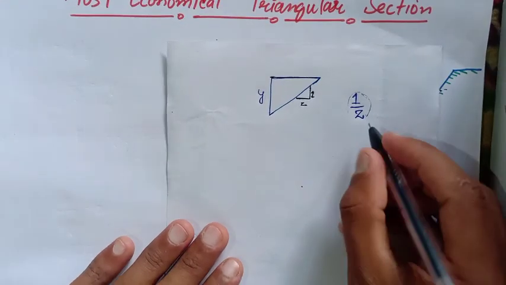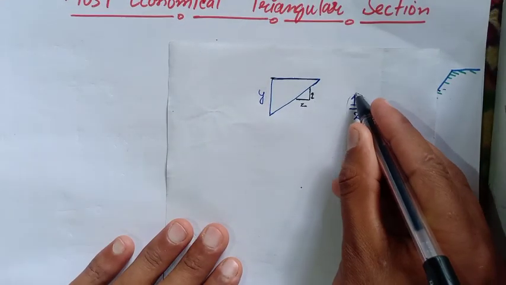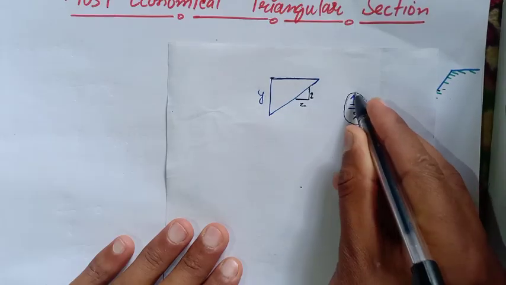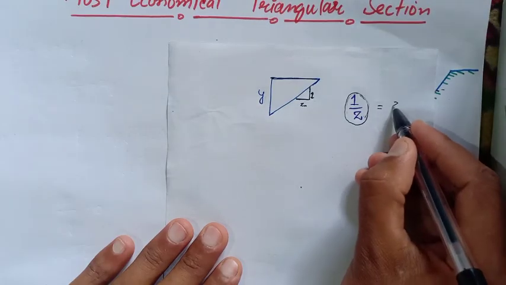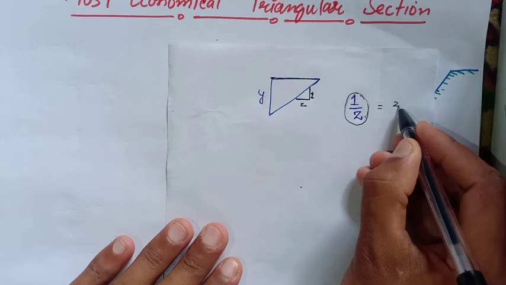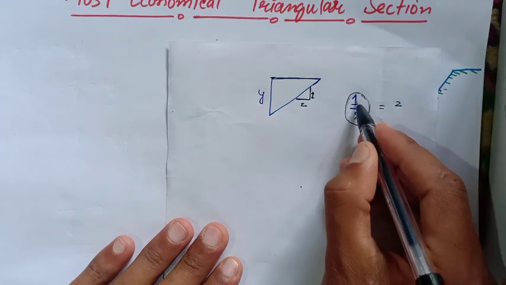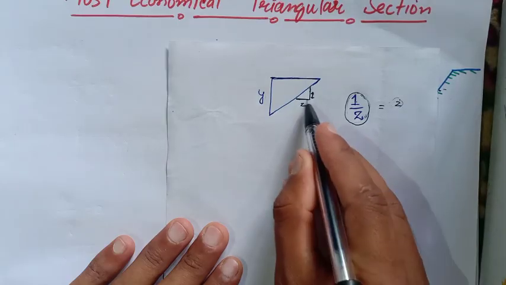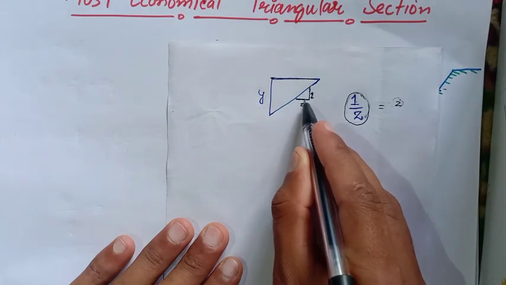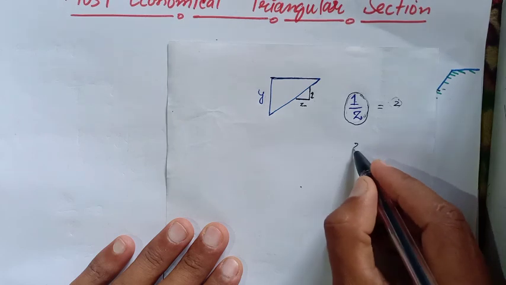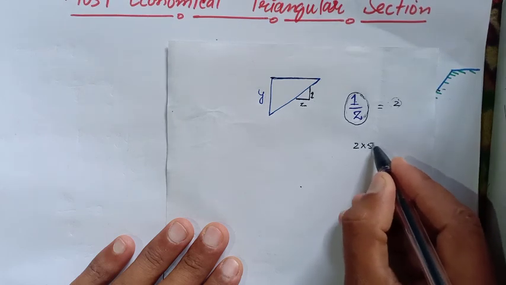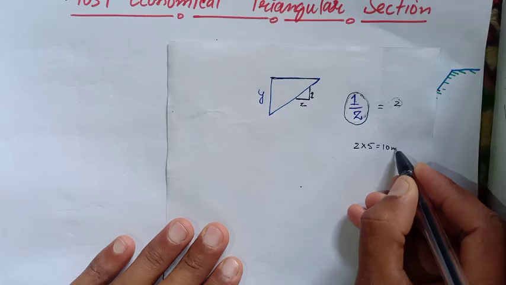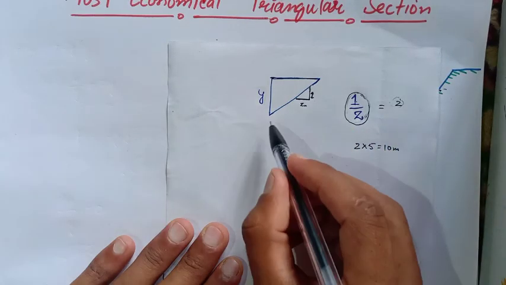If the slope is the same, z is 5 for example, and we go 2 meters in the vertical direction, what are the meters that we have to go in the horizontal direction? We have to go 2 into 5, that is 10 meters in the horizontal direction.